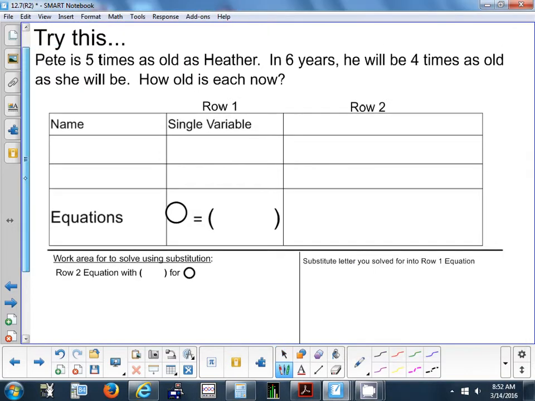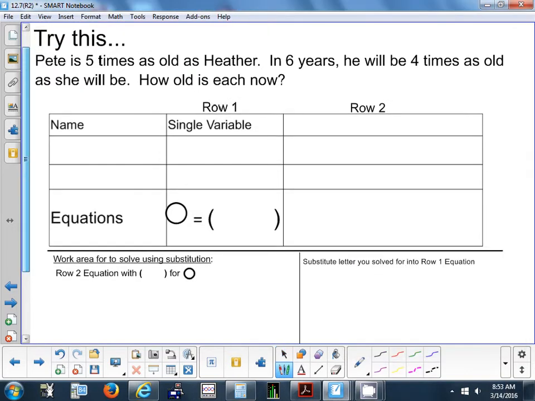All right, so let's take a look, see if we can set up our table first. Somebody tell me the 2 names that we're going to use in this problem. Pete and Heather. Right. So I'm going to put those right under where it says name. Pete, Heather. Okay.